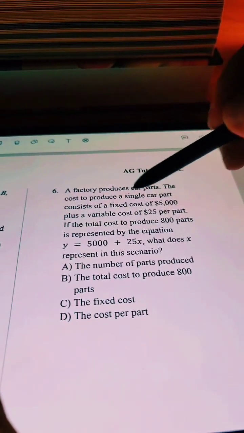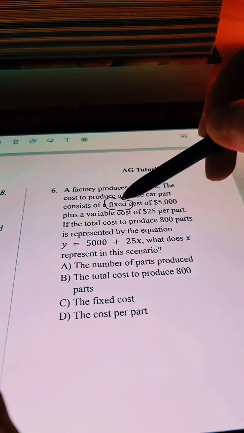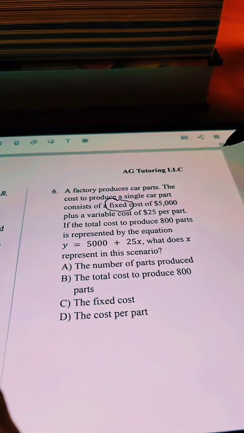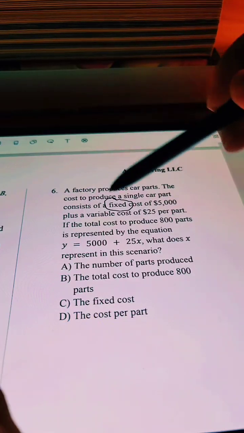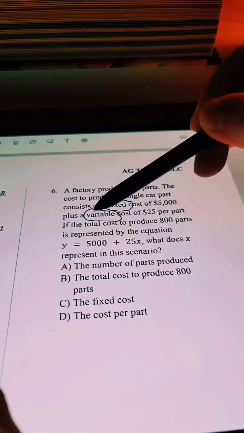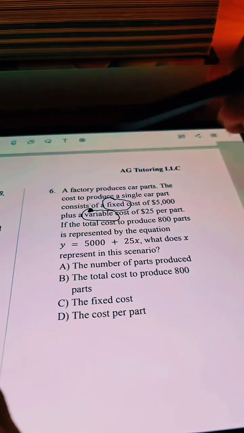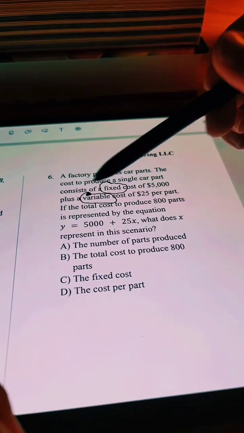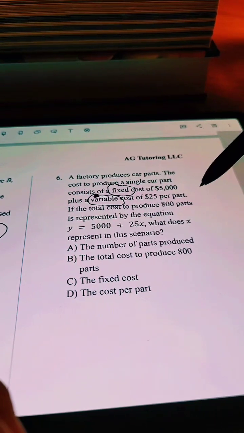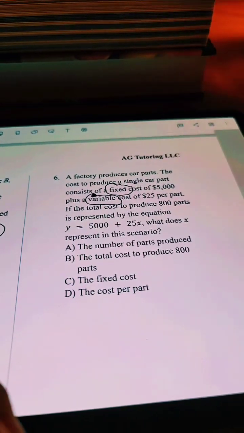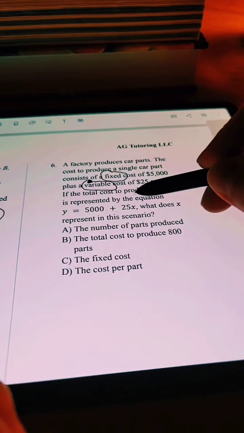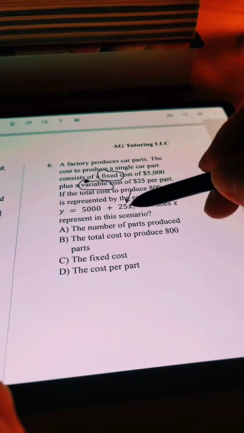Really quickly, I want to point out that they like the word fixed, like fixed cost or fixed fee, for y-intercept. Variable cost is less common, I would say, but it is another keyword you can watch out for. So it's $25 per part. So this 25 is your slope.